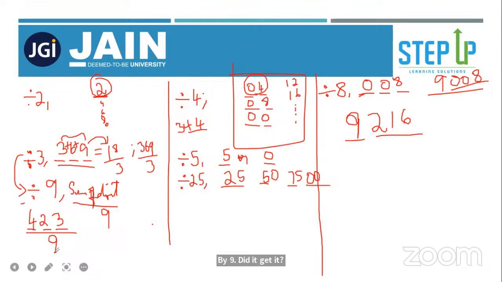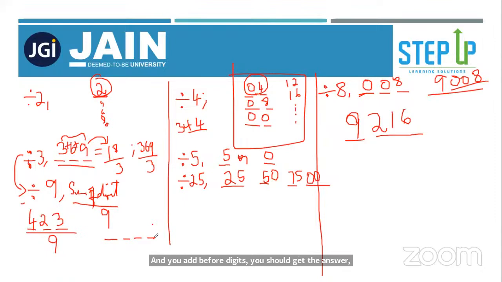Now give me a 4-digit number. If you add the digits, it should give you either 9 or 18 or 27. When you add the 4 digits, you should get an answer in the multiples of 9. 1423.